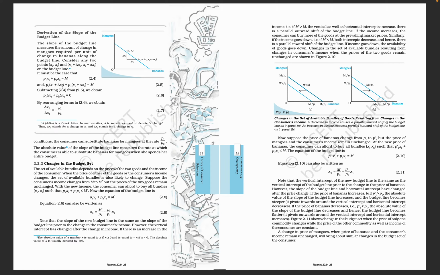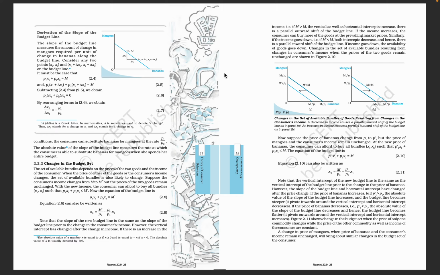Changes in the set of available bundles resulting from changes in consumers' income when the prices of the two goods remain unchanged are shown in figure 2.10. Now suppose the price of bananas changes from P1 to P1 prime, but the price of mangoes and the consumer's income remain unchanged.